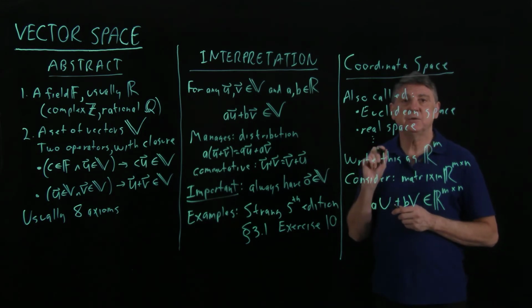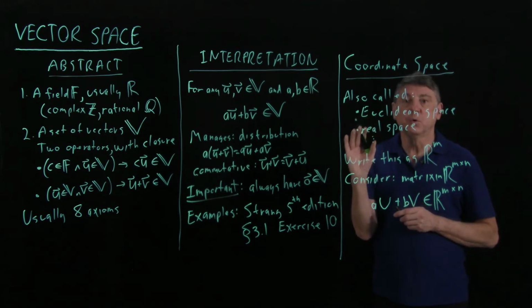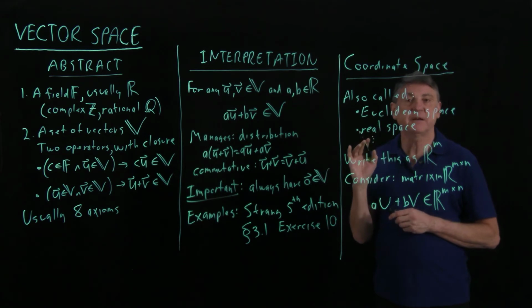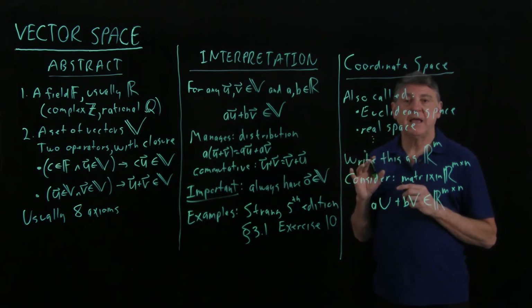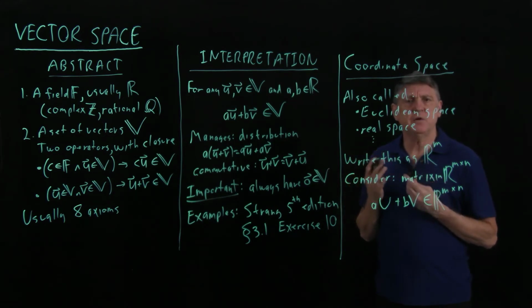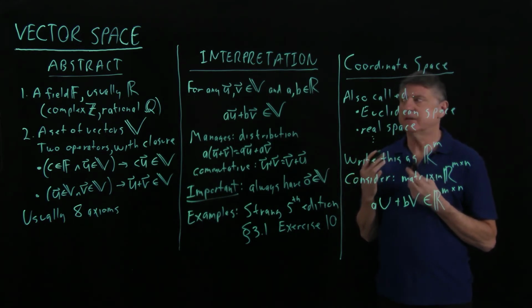So things that we normally think of as vectors live in vector spaces, but vector spaces are much more general, and they include things that you might not naturally think of as being a vector space.